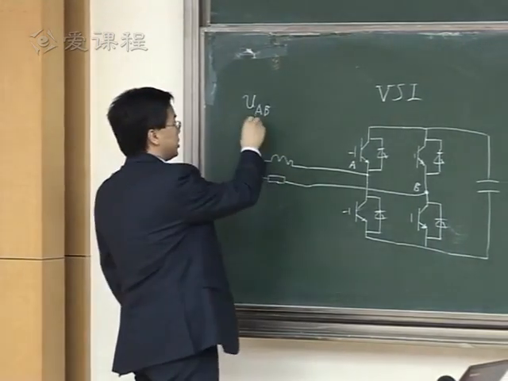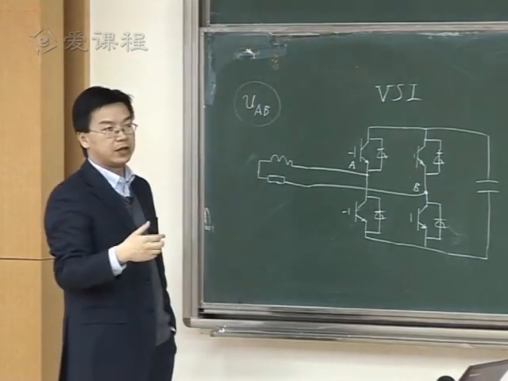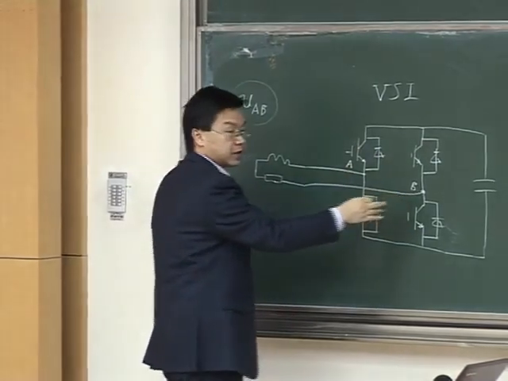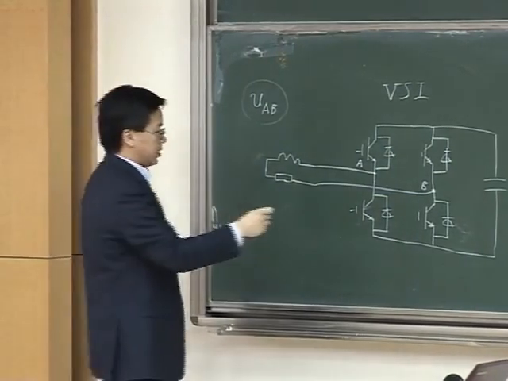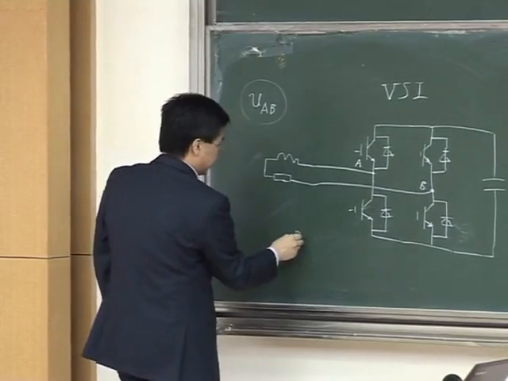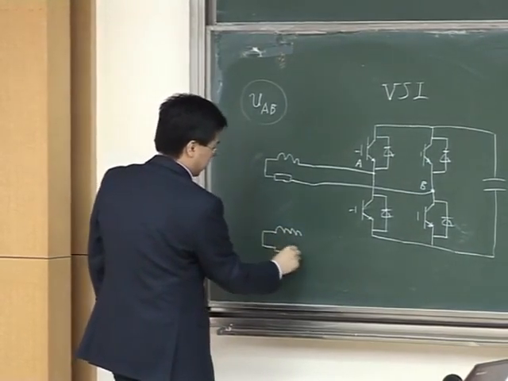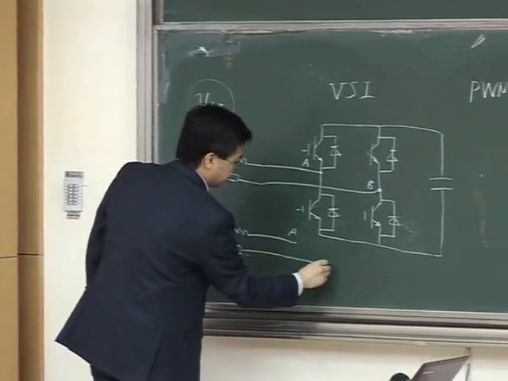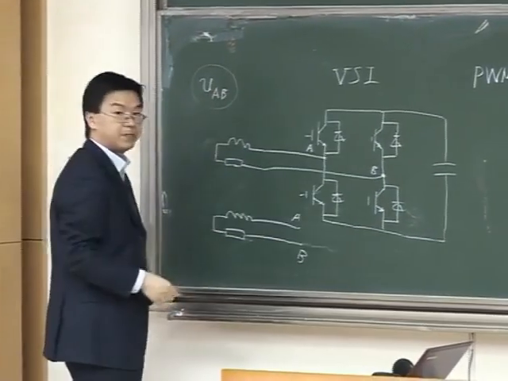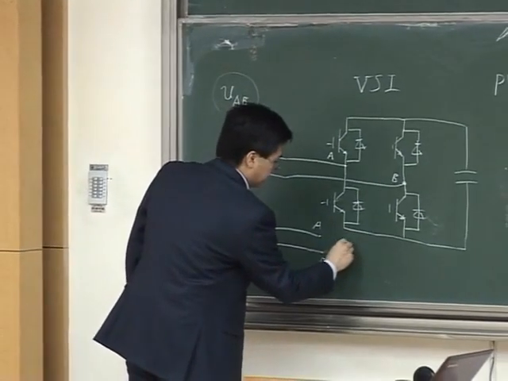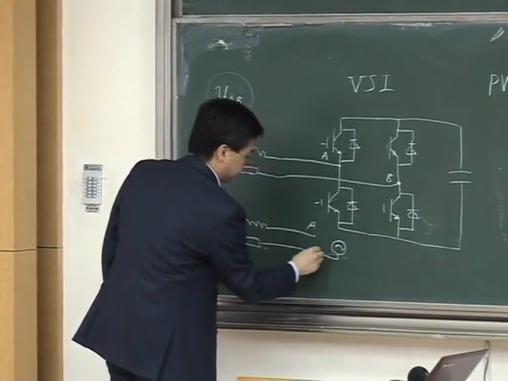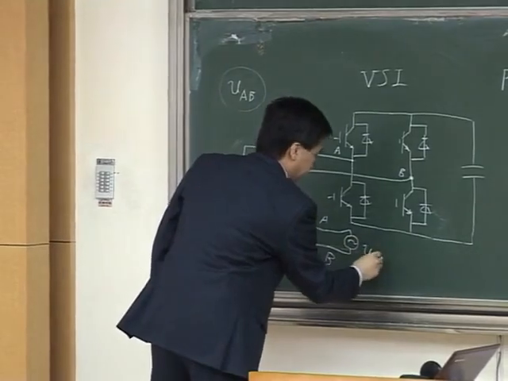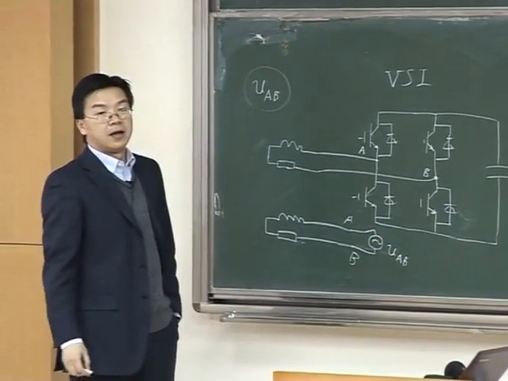And therefore, if we understand this UAB can be very close to a sine wave, then we can consider that with this voltage source inverter under PWM control, we are actually generating, between point A and B, an AC voltage source with voltage UAB, and this UAB is a sine wave.